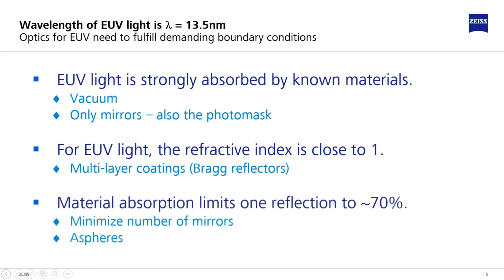Thirdly, the optical constants of coating materials limit the mirror reflectivity to a practical maximum of around 70%. The design of a high transmission EUV optical system must therefore minimize the number of mirrors, achieved most effectively by using aspheres. And producing aspheres is particularly challenging in terms of optics technology.